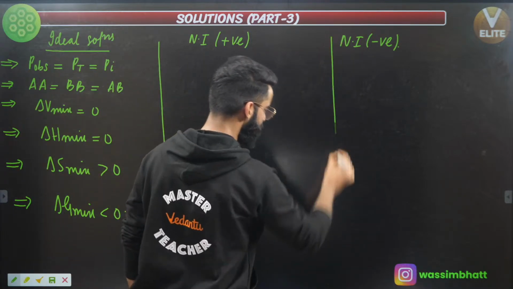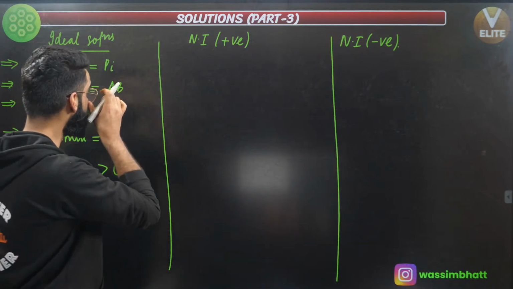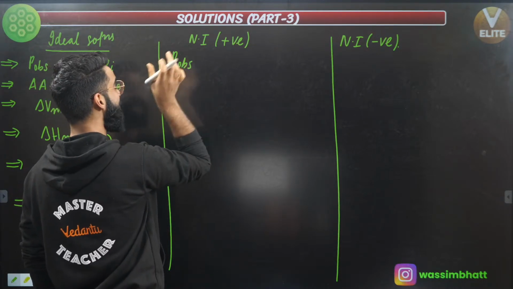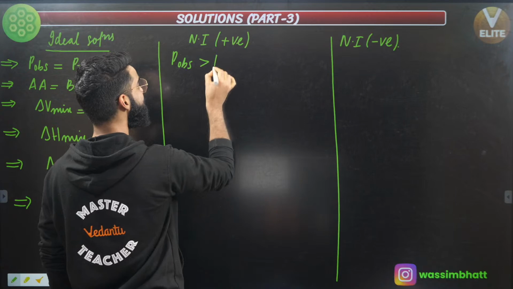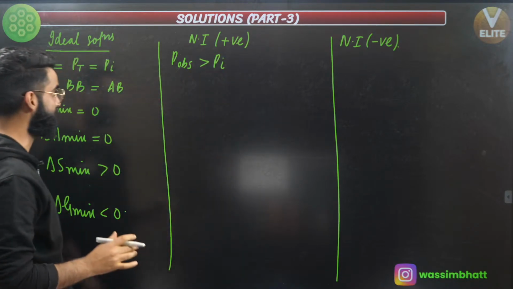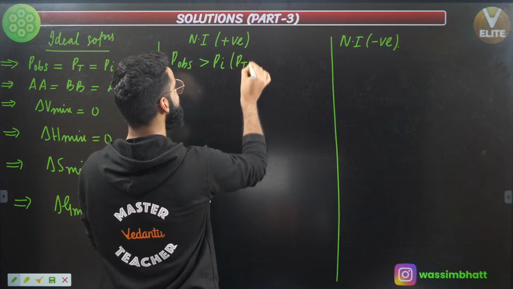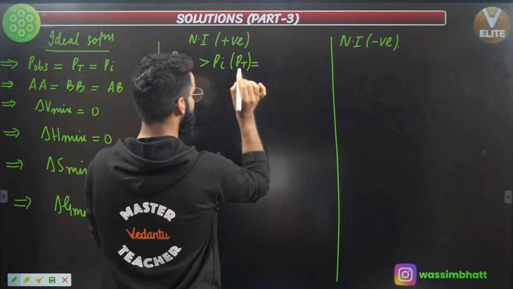Now we have one more, the non-ideal solution which shows positive deviation, in which the observed vapor pressure of the solution, or the actual vapor pressure of the solution, is greater than the ideal vapor pressure of the solution, or you can say greater than the theoretical vapor pressure of the solution as determined from Raoult's law.